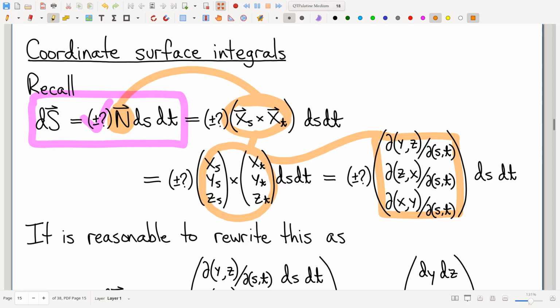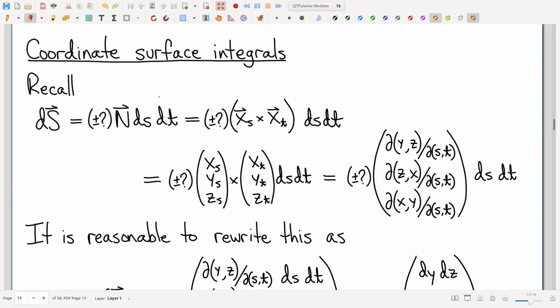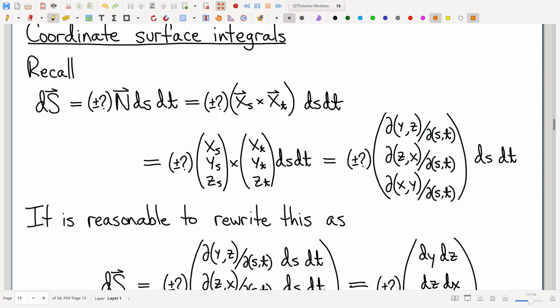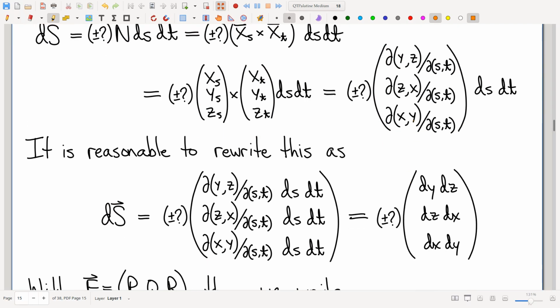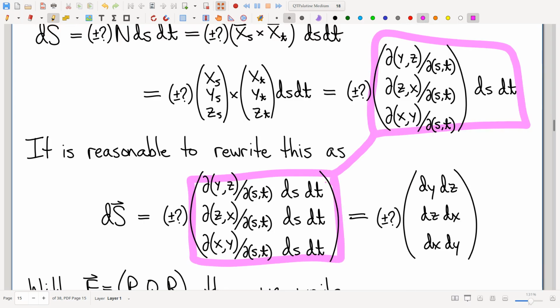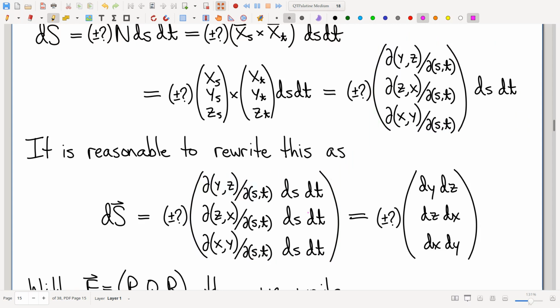It is kind of weird. So notice that we can distribute the ds dt, and then it's pretty natural to ask the question, what should I call that thing?